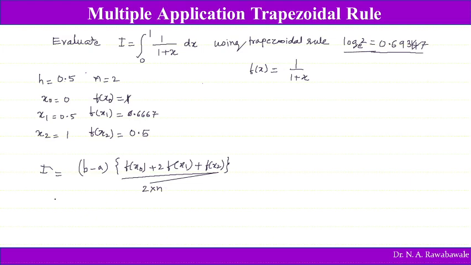Now if we substitute the values, b is 1, a is 0, f of x0 is 1, f of x1 is 0.667 and f of x2 is 0.5, whole divided by 2 into n. On simplification, this integral works out to be 0.70835.